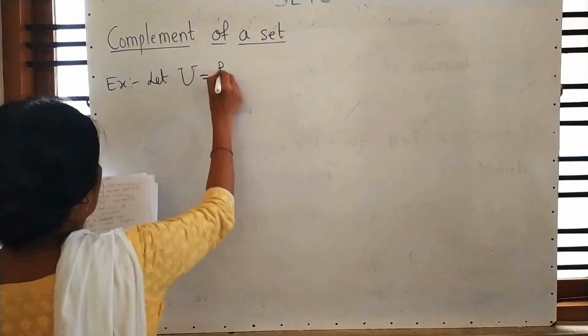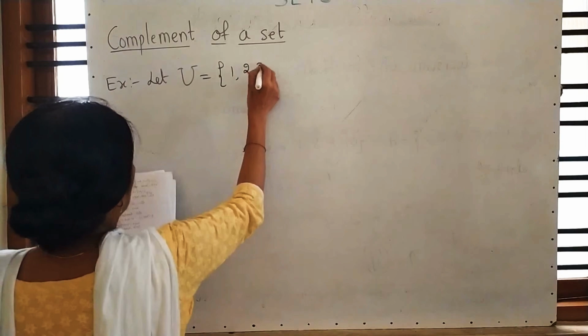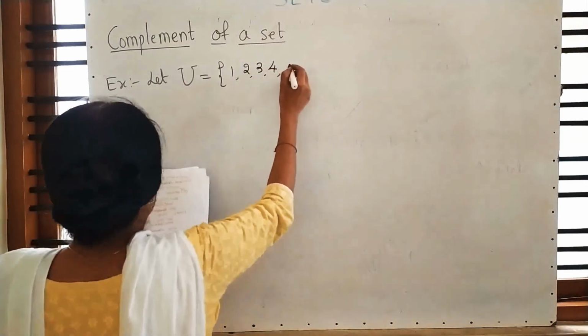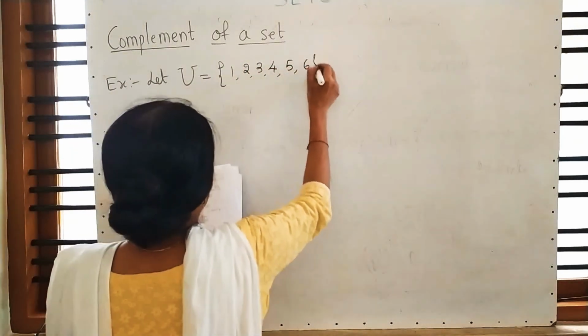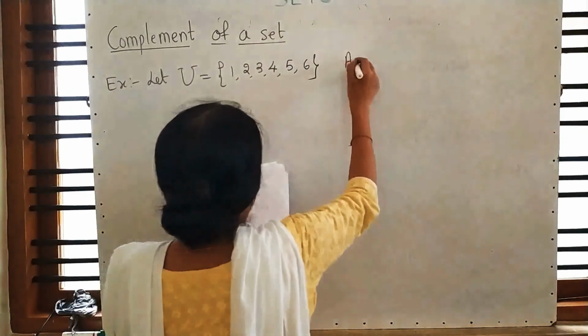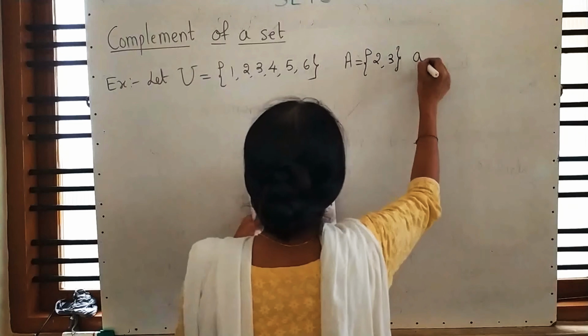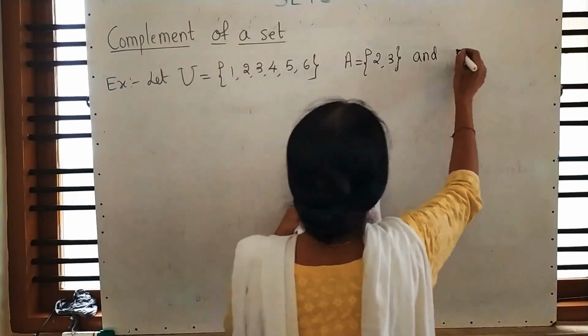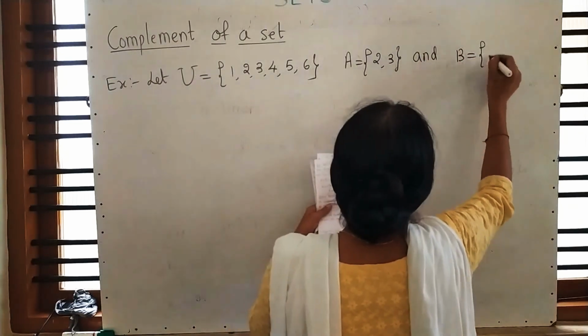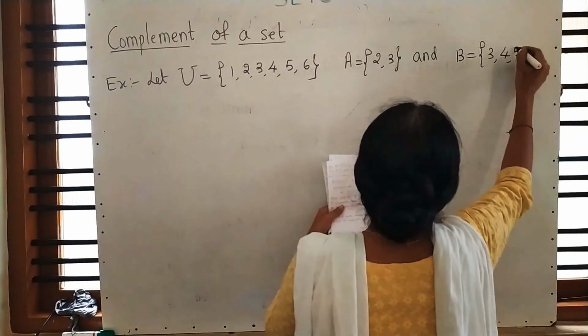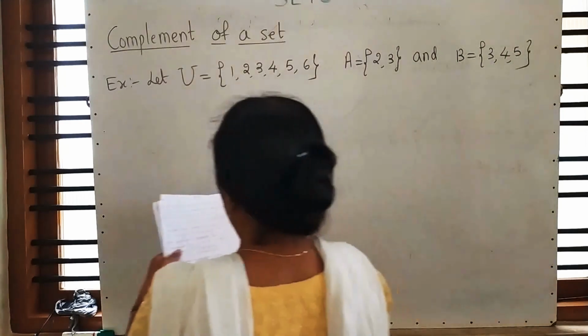Let U be 1, 2, 3, 4, 5, 6. And set A is 2, 3. And B is 3, 4, 5.